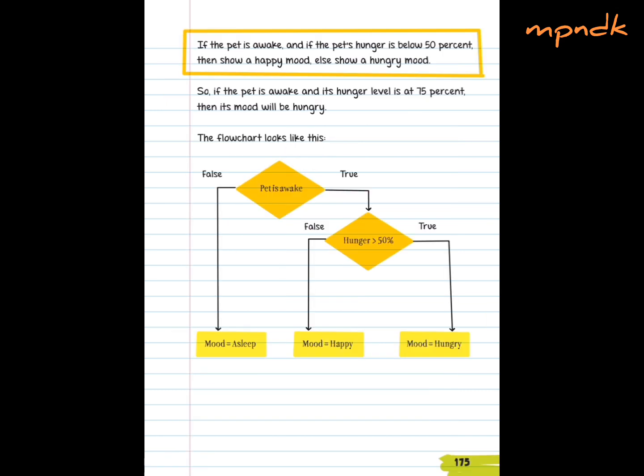If the pet is awake and if the pet's hunger is below 50%, then show a happy mood, else show a hungry mood. So if the pet is awake and its hunger level is at 75%, then its mood will be hungry. The flowchart looks like this.